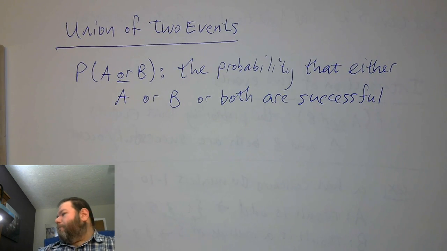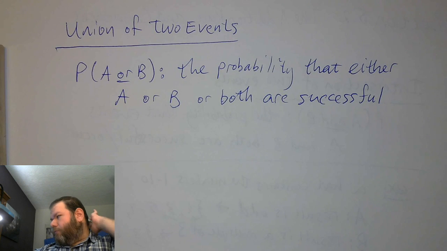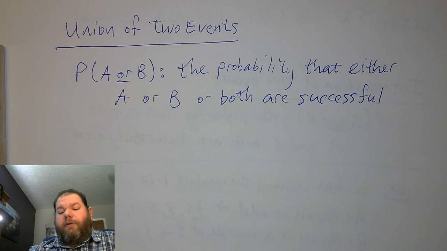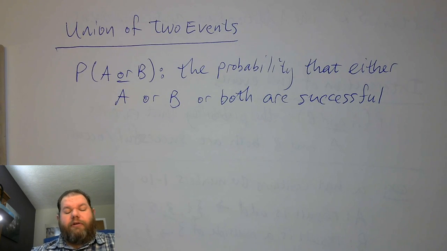So that means either one of these could be successful, or both of them could be successful. We're not looking for the overlap, but rather at more of a combination of the different outcomes.